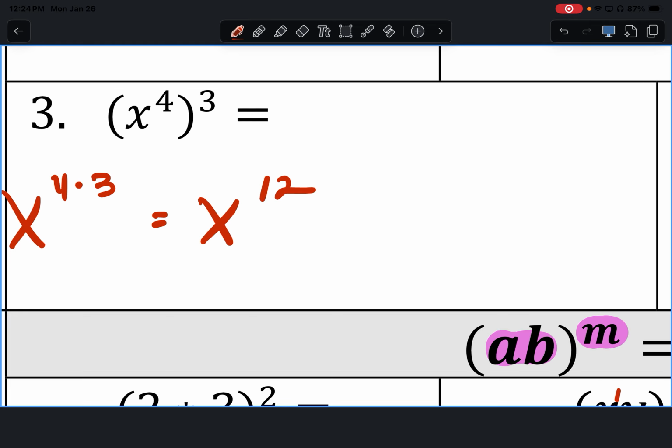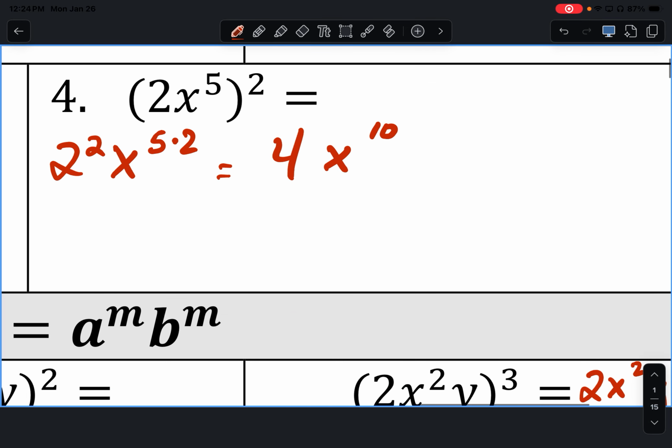X to the 12th, yep. All right, what about for number 4? What did y'all get for number 4? 4x to the 10th. Why is it 4x to the 10th for number 4? Okay, because that 2 is inside the parentheses, so we have to square it. So 2 times 2 is 4. Okay.